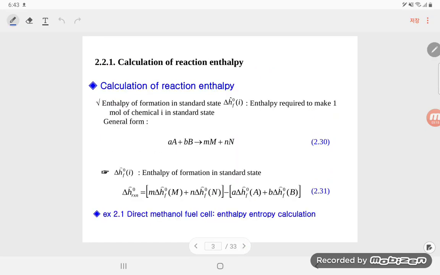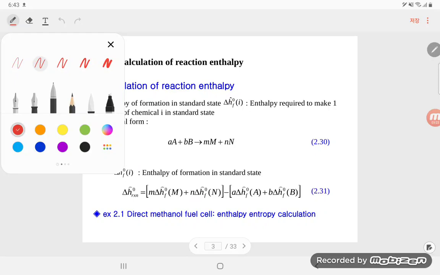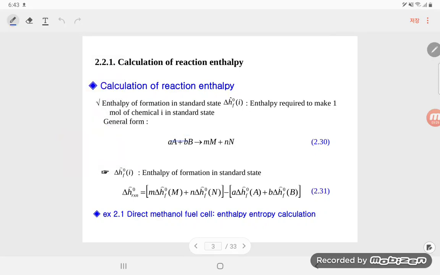Okay. Then how can we calculate the reaction enthalpy? When we see this equation, there is a mole number of each species. It is the general form of the chemical reaction, and this delta H_f^0 _i means enthalpy, the enthalpy of formation in the standard state.